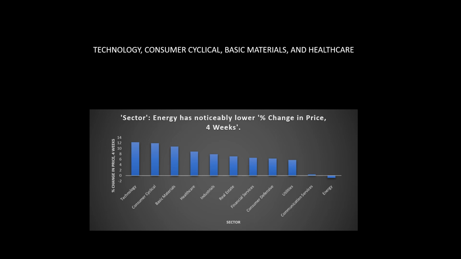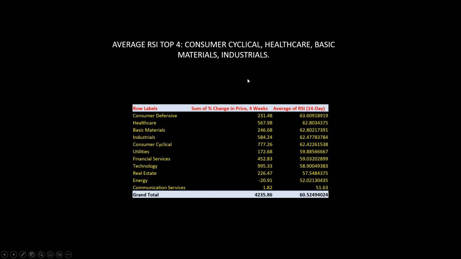We're going to look at the average RSIs for all of these sectors as well. But just keep in mind, these are the top 4 as far as percent change in the last 4 weeks. When we look at RSI, and this is the average RSI of all of the tickers in the sectors in the S&P, you have consumer defensive with a 63 average, healthcare is a 62, basic materials is a 62, and industrials is a 62.